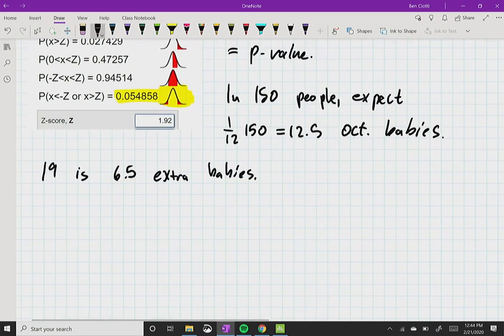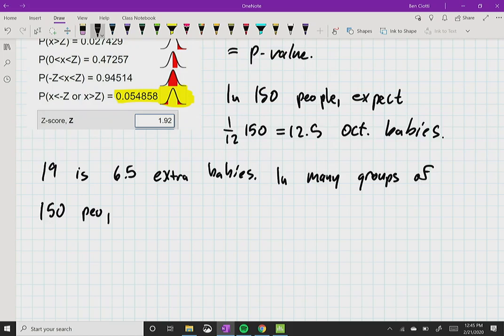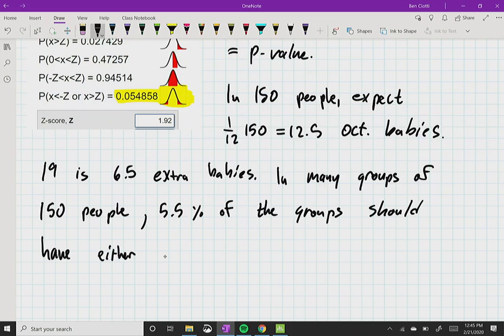So in many groups of 150 people, 5.5% of the groups should have either more than or equal to 19 or less than or equal to 6 October babies.